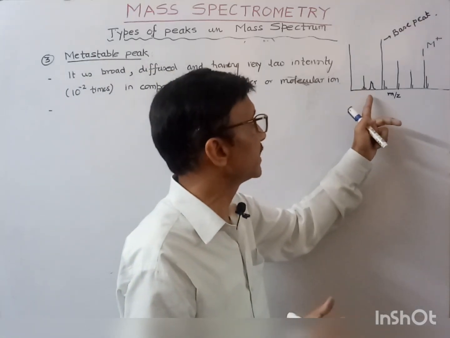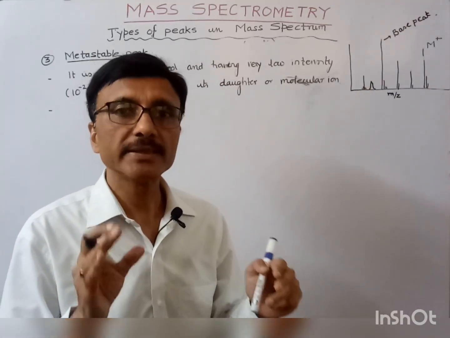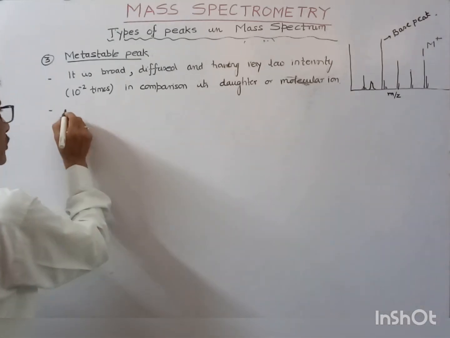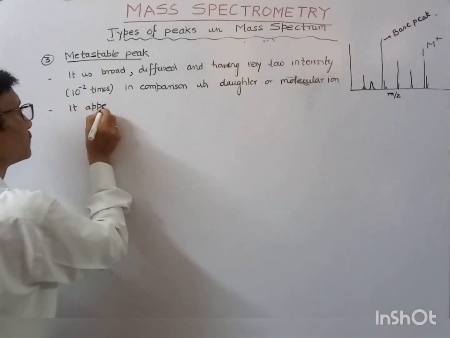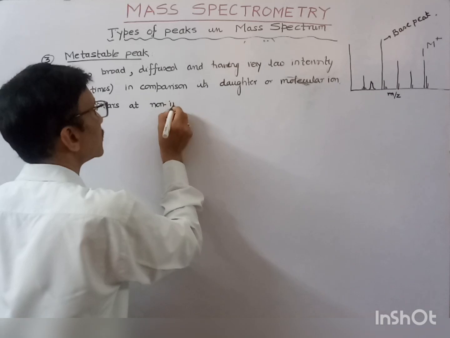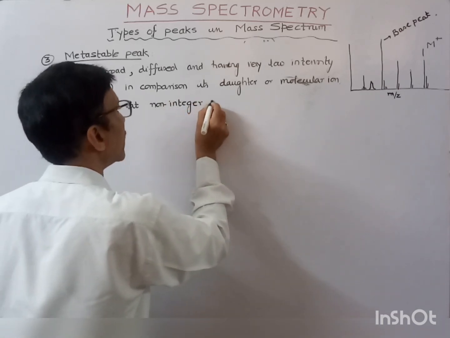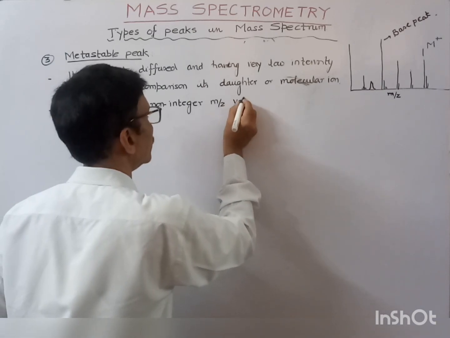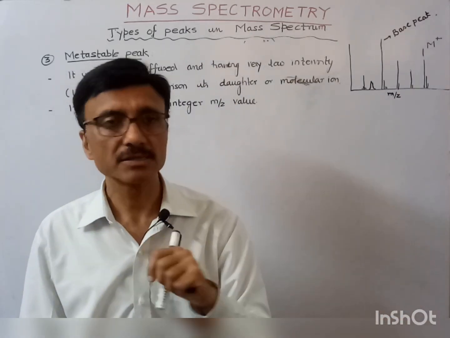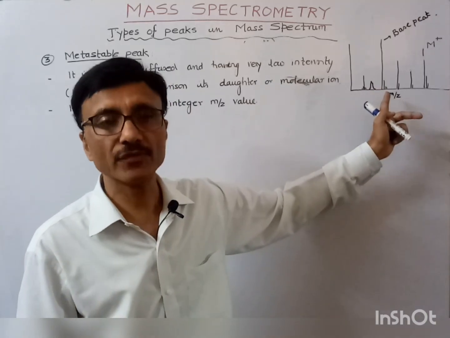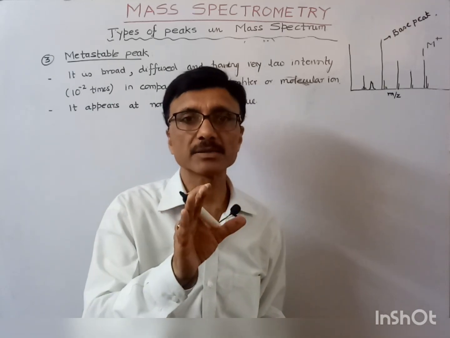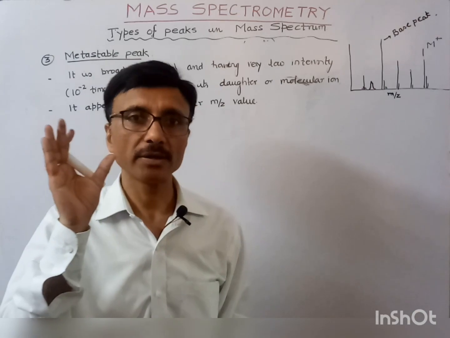And another thing, if I find the position of this metastable peak, it appears at a non-integer m/z value. Some peaks may appear at 80, some at 43, some at 29, some at 15, but this peak will appear at a non-integer value, suppose 43.3, 80.5 and like this.